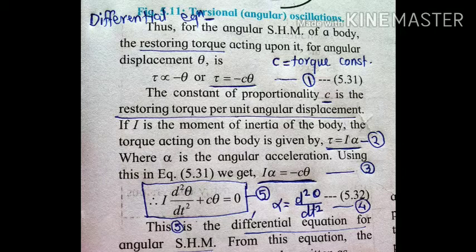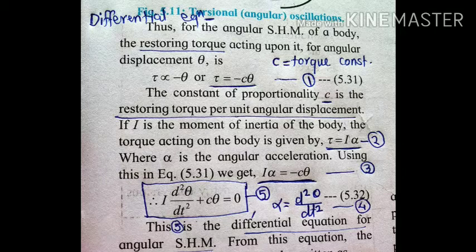In rotational motion, angular velocity. Similarly, acceleration. In linear motion, acceleration is called linear acceleration or only acceleration, while in rotational motion it is angular acceleration.